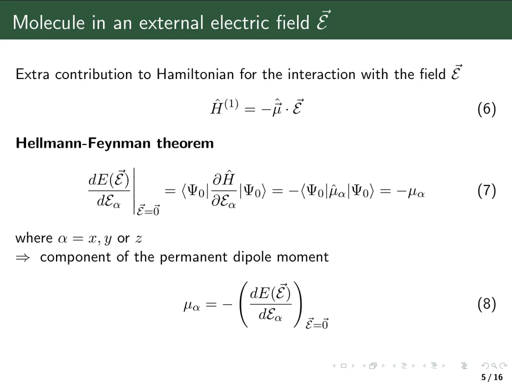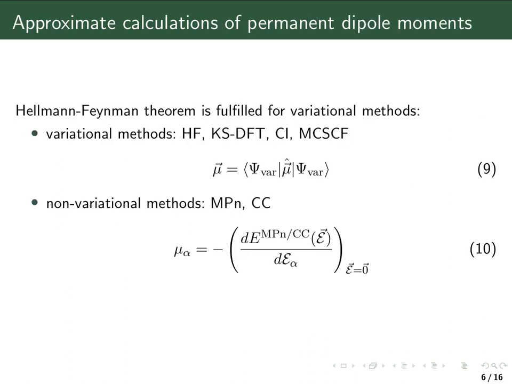Now, as I said on this slide, that's the way the electric field enters the Hamiltonian. So this is our perturbation operator. The Hellman-Feynman theorem is fulfilled for variational methods. That means it's fulfilled for Hartree-Fock, for Kohn-Sham DFT, for full CI, and for MCSCF.